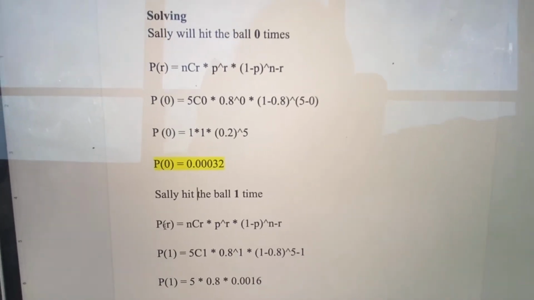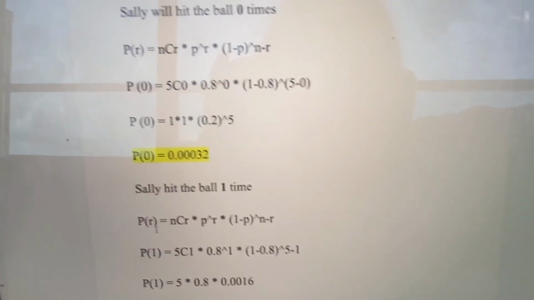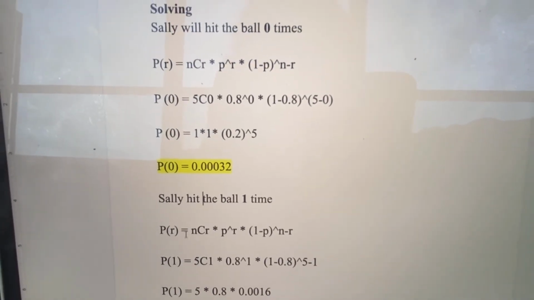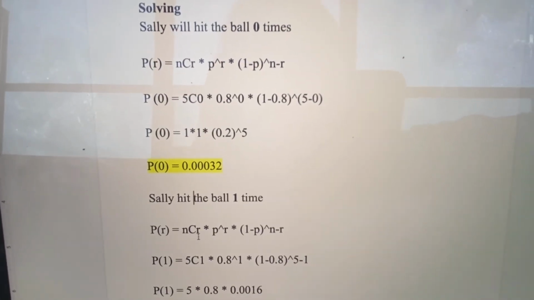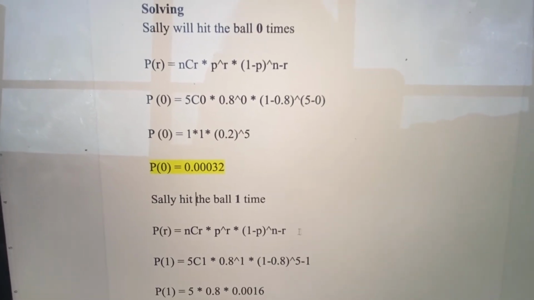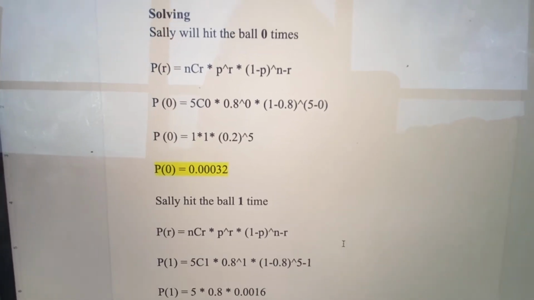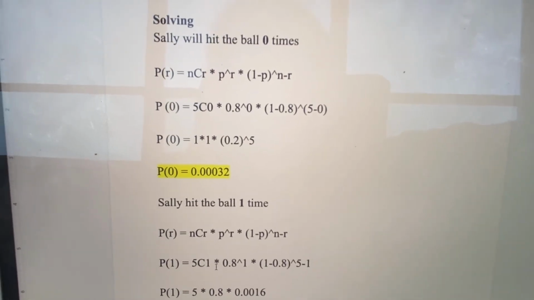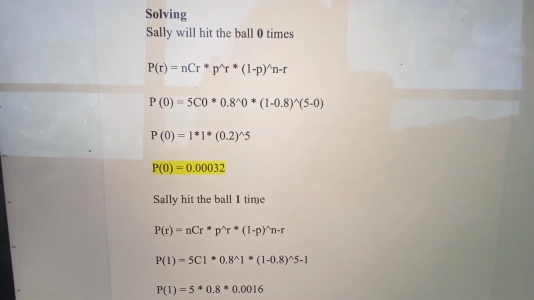So once again, we're going to plug in our binomial formula, which is P of r equals nCr times p to the power of r times 1 minus p to the power of n minus r. And once again, we're going to plug in our numbers. So Sally will hit the ball 1 time.